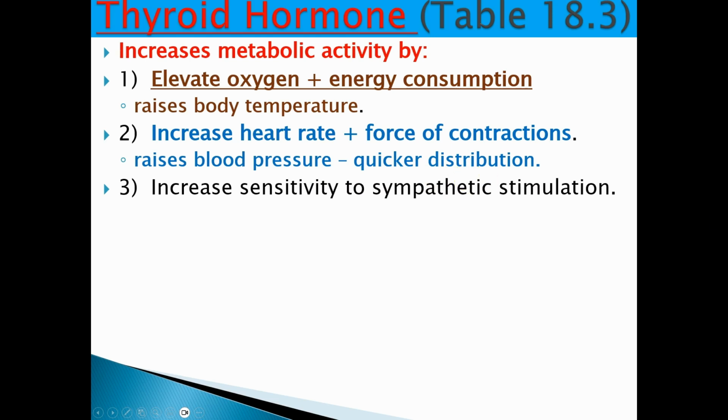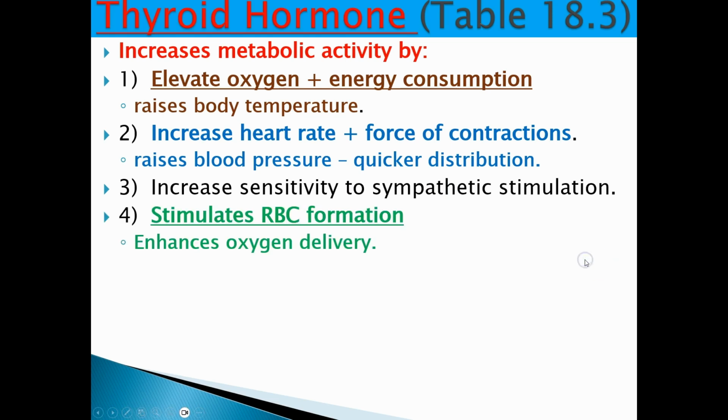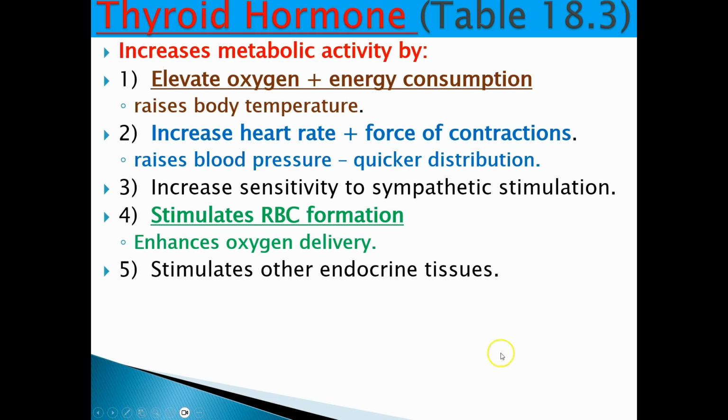Again, sympathetic stimulation is related to increased heart rate, increased breathing rate. Stimulates red blood cell formation. Notice, all about oxygen delivery. Stimulates other endocrine organs. We're not going to focus too much on that, but this really works in conjunction with epinephrine, norepinephrine. If you didn't have thyroid hormone, epinephrine, norepinephrine wouldn't function properly.